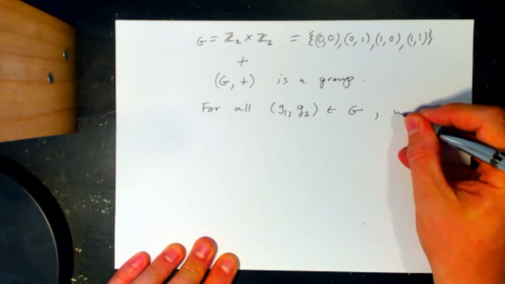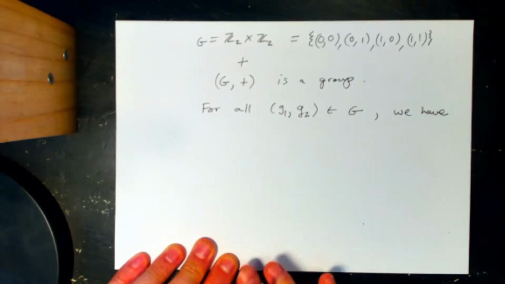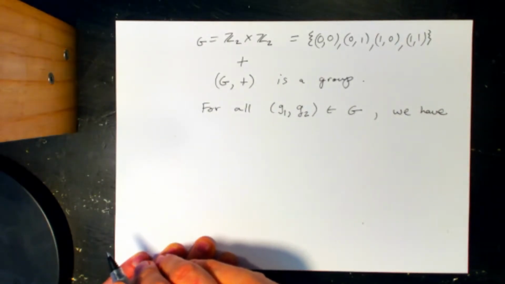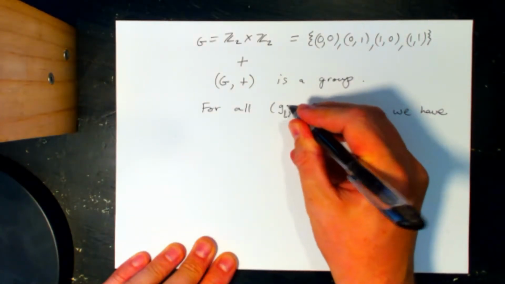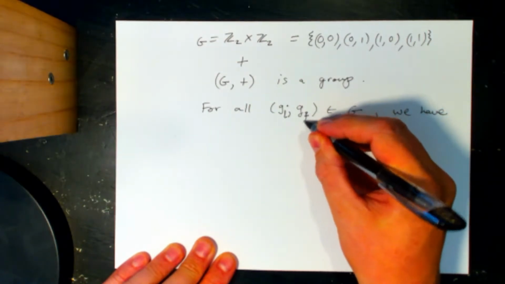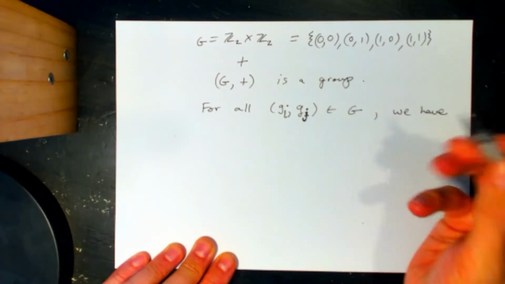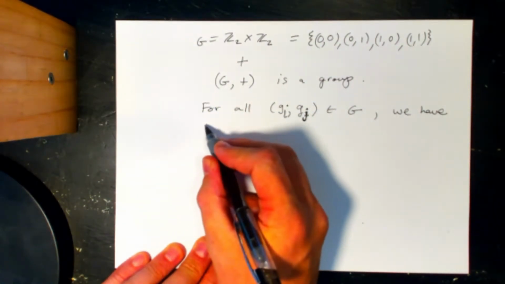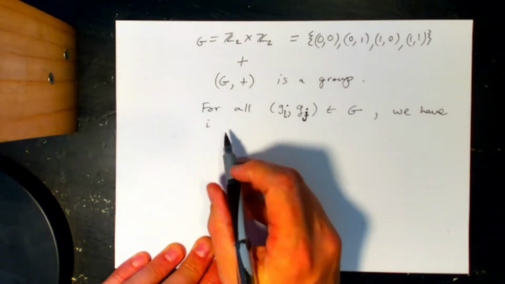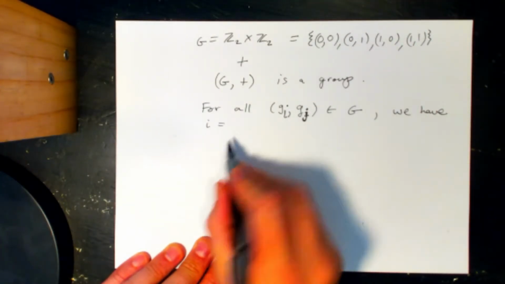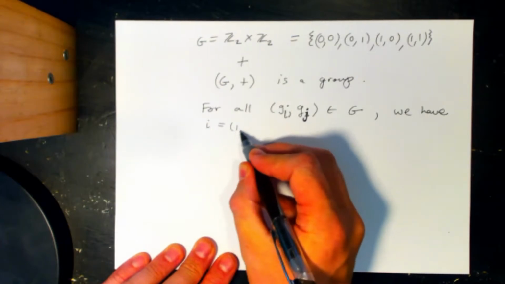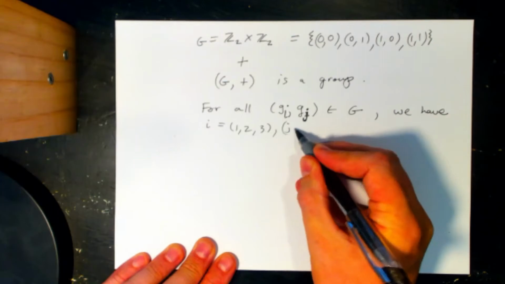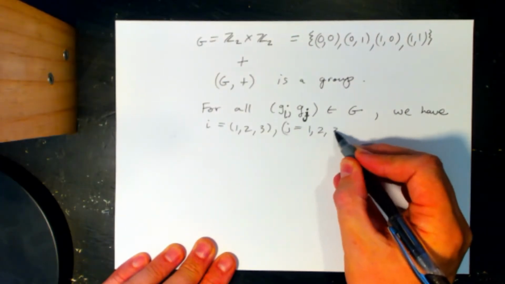Actually, I should put a subscript i and j, with i going from 1, 2, and 3, and j going from 1, 2, and 3.